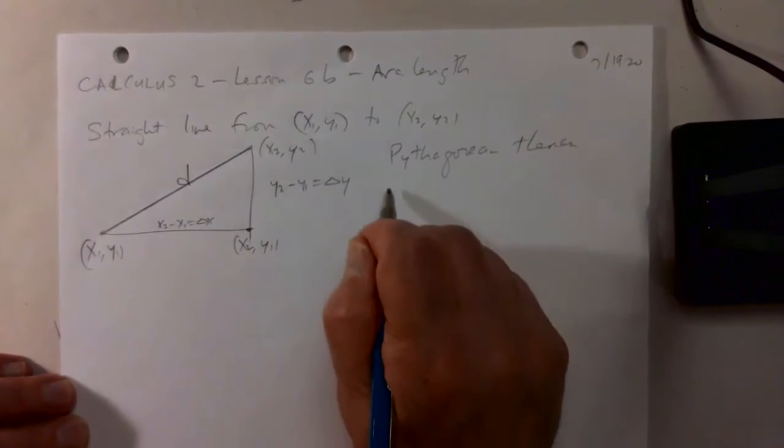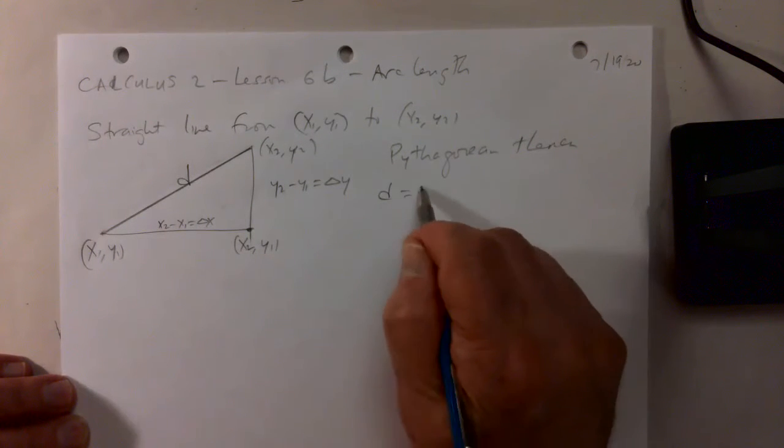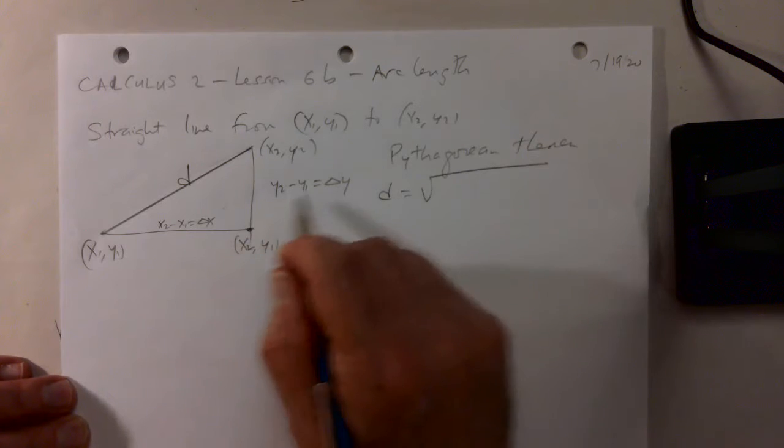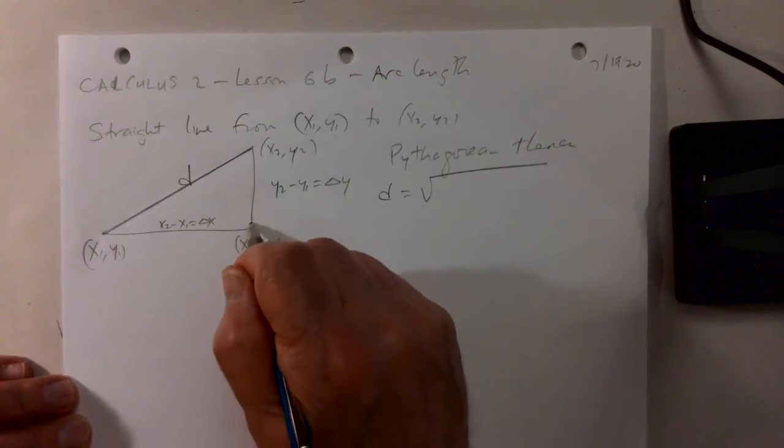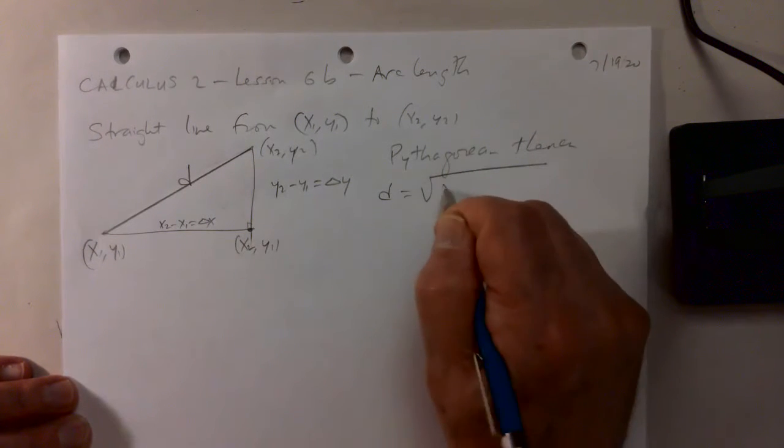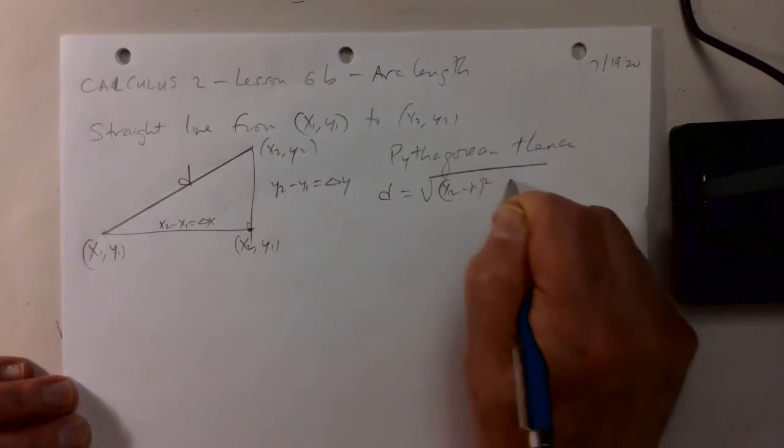the length d of the line is the square root of the sum of the squares of the lengths of the sides of the right triangle.